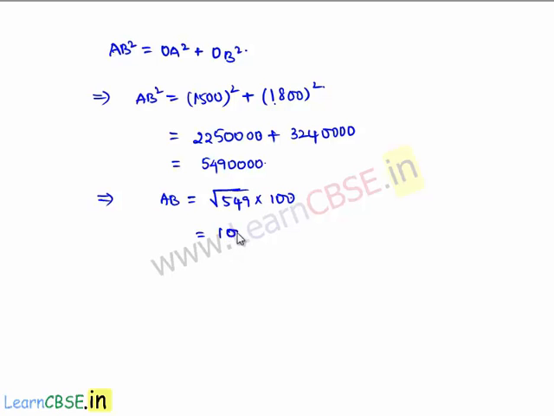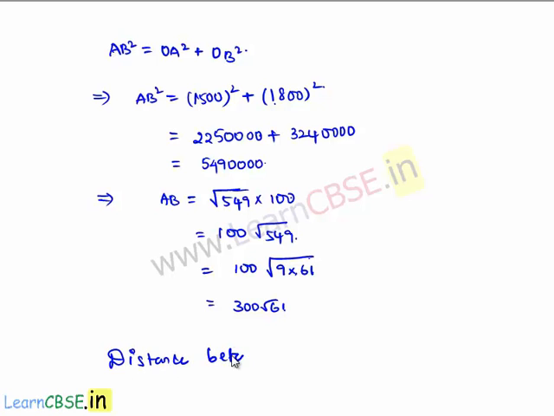So that is nothing but 100 root 549. On further simplification, if we take 9 common here, 9 into 61, we get 300 root 61. Therefore the distance between aeroplanes after 1.5 hours will be 300 root 61 kilometers.